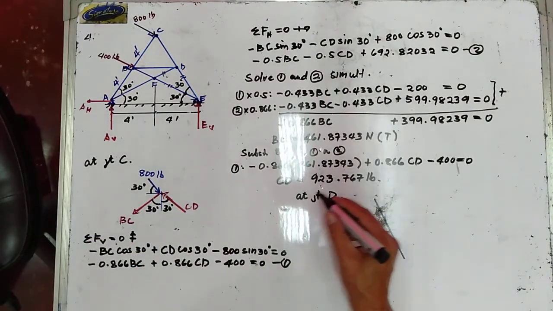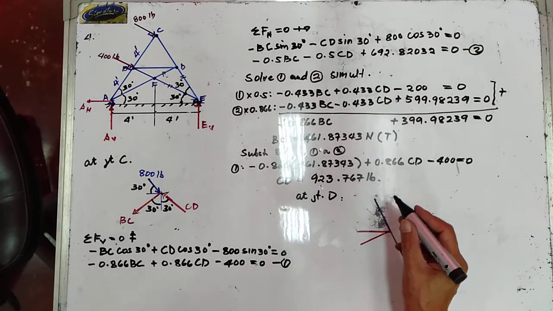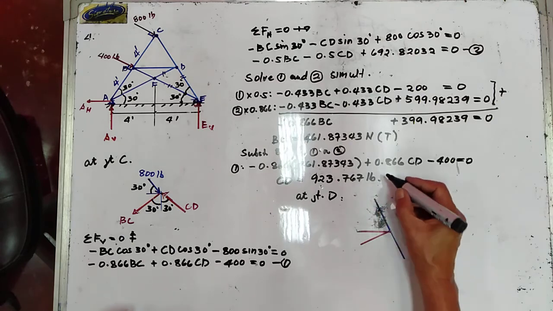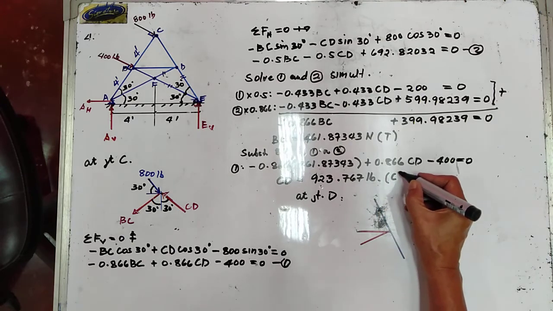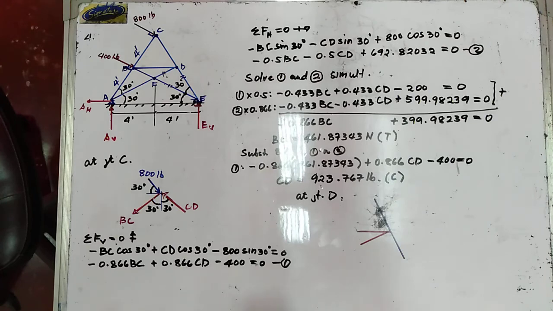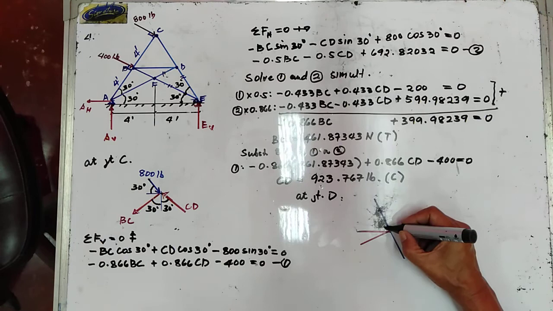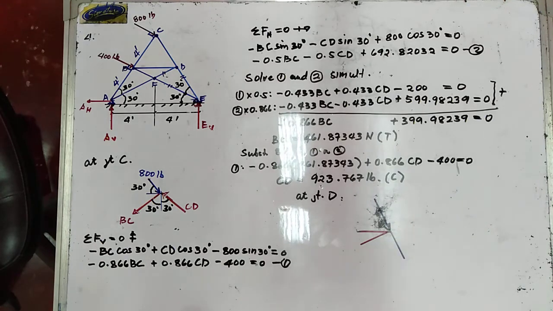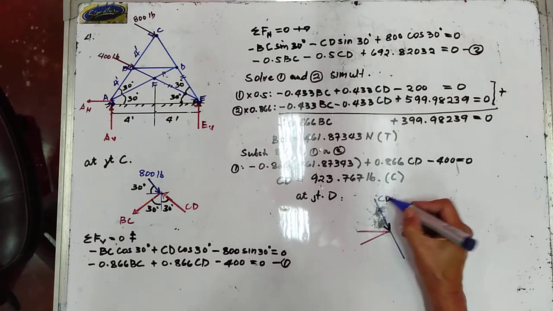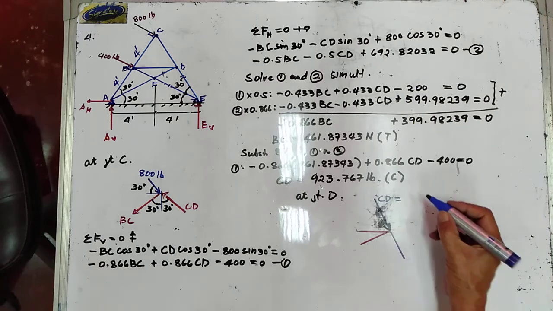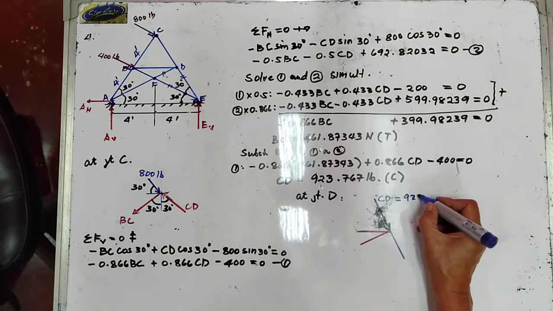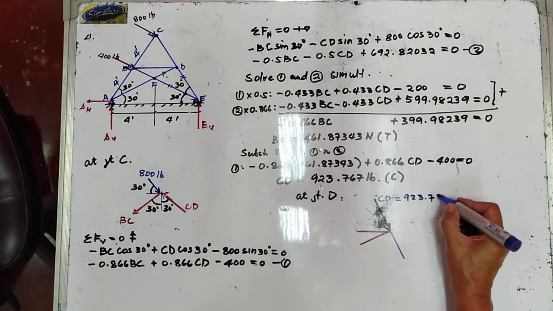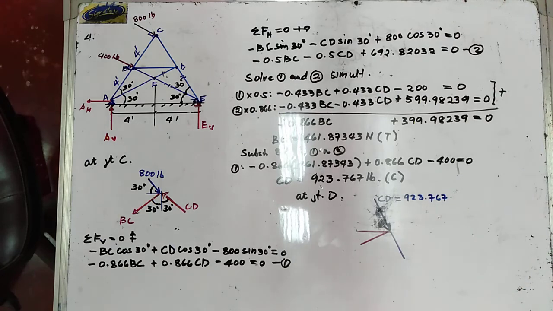Your CD is 923.767 pounds with a positive value, hence that is in compression. So this is now your CD, 923.767 newtons.